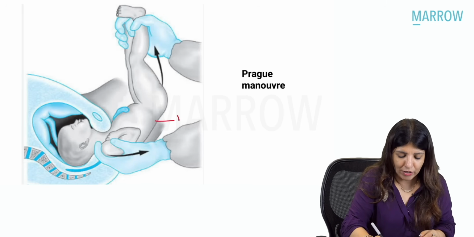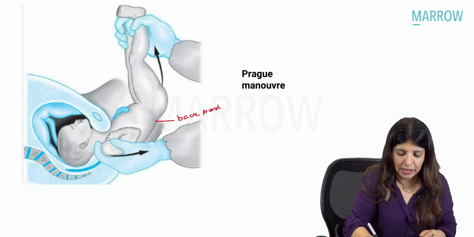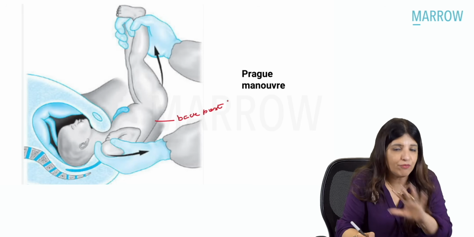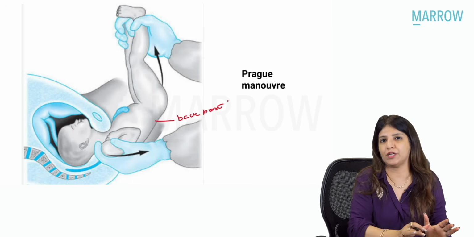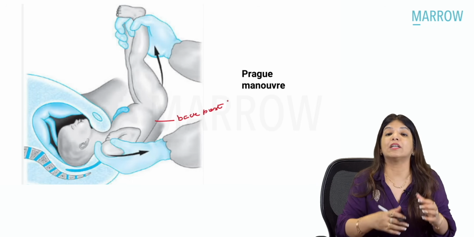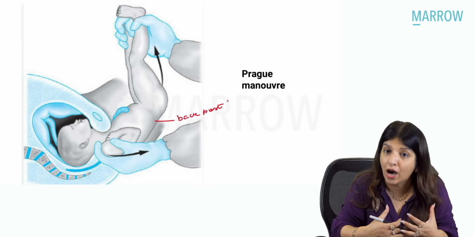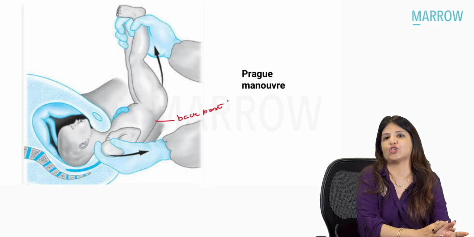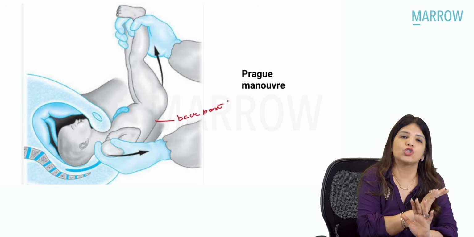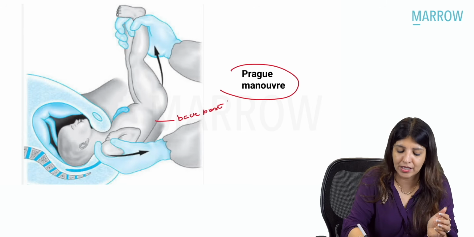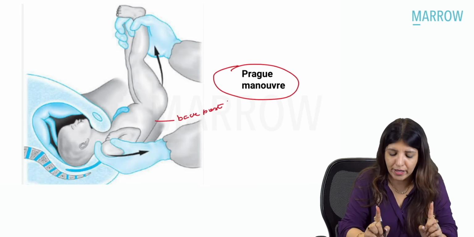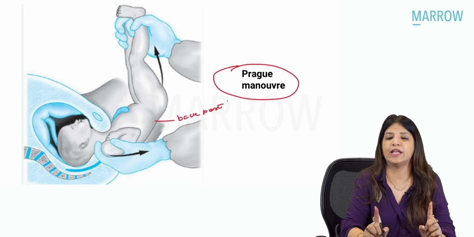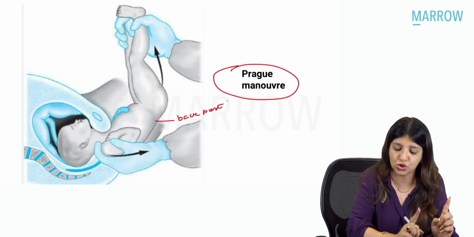Whereas in this maneuver, the back of the baby is posterior. Whenever the back of the baby is posterior and the head of the baby is being delivered, no matter how much you are tempted to say that it is a Burns-Marshall technique being performed, it is not a Burns-Marshall technique, it's a Prague maneuver. There is only one maneuver for delivering the head in case of back posterior.